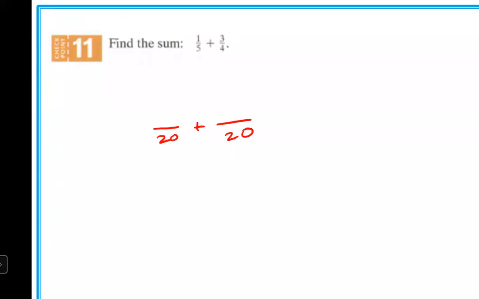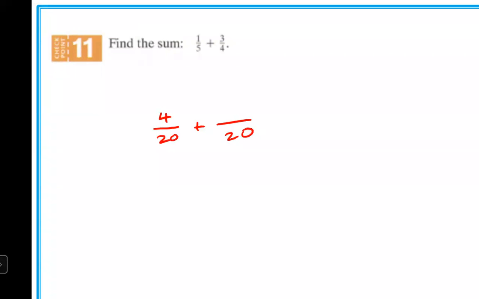So if you're changing this from 5 to 20, what factor are we upping it by? 4. So 4 times 1, this becomes 4.